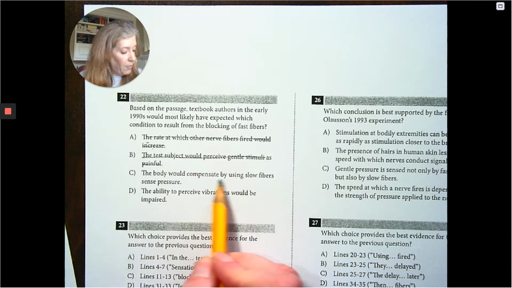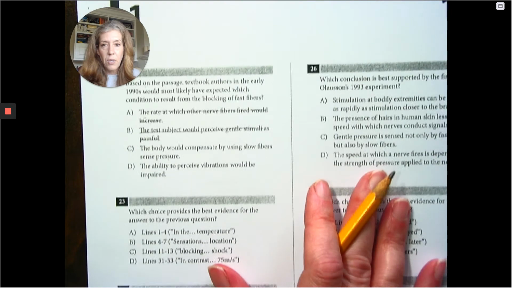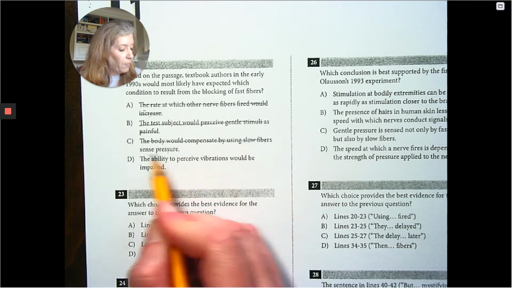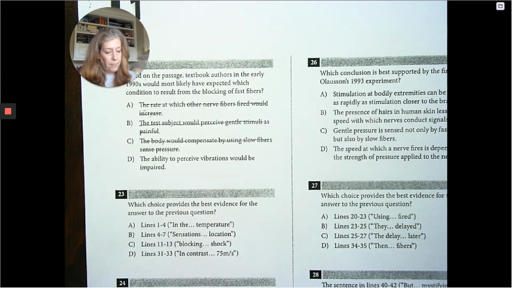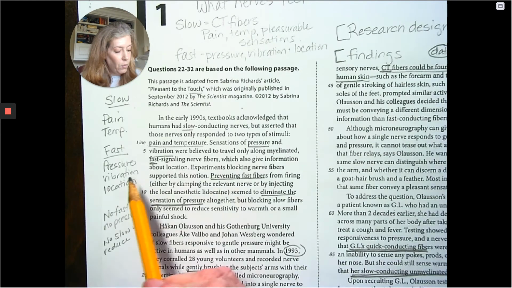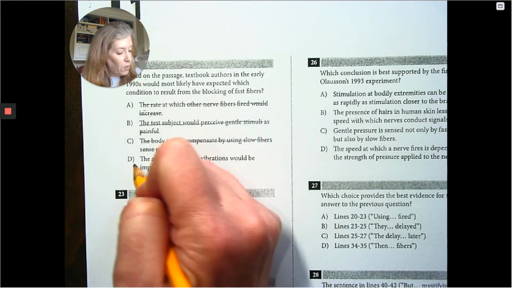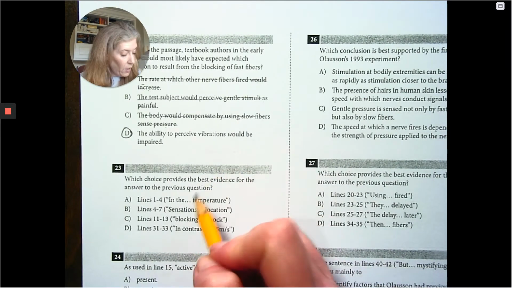The body would compensate by using slow fibers to sense pressure. Again, just like A, there was no indication that if one was slacking that the other would pick up. The ability to perceive vibration would be impaired. And again, we know that's true because vibration was mentioned as one of the things under fast. So yes.